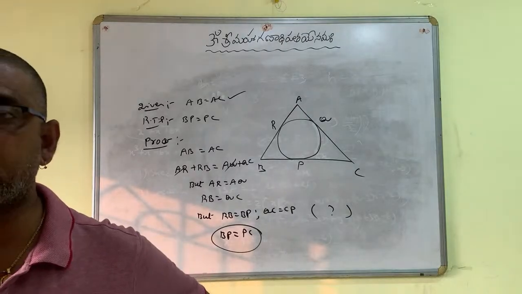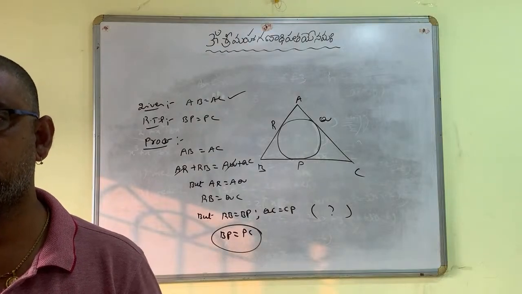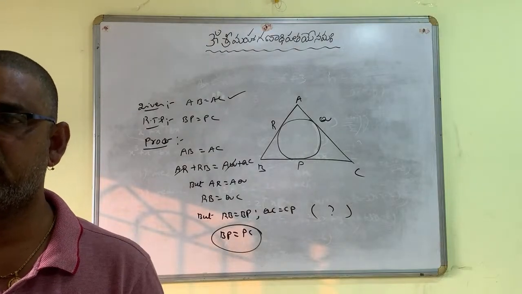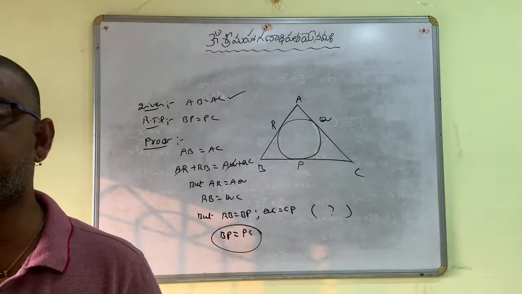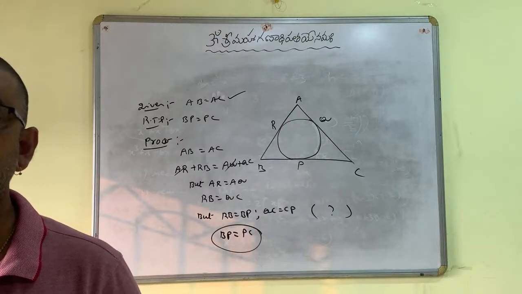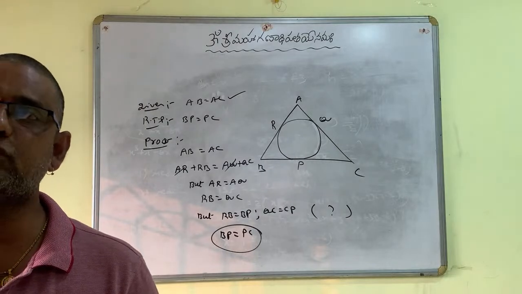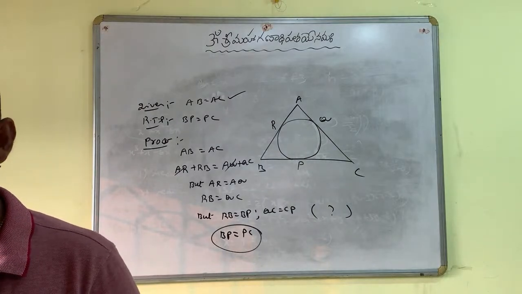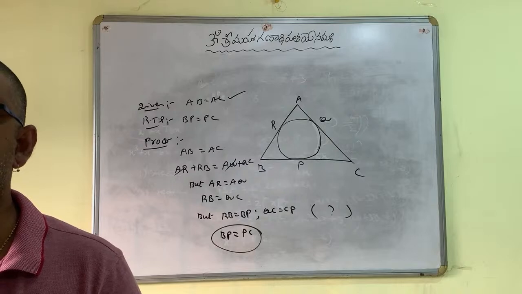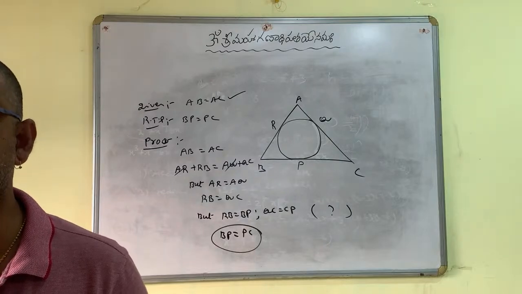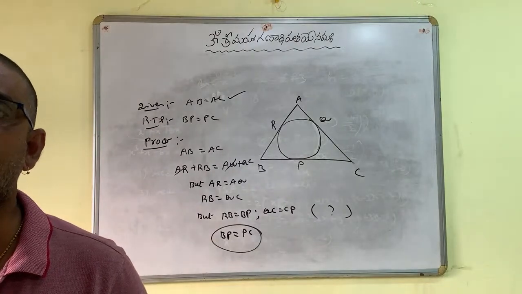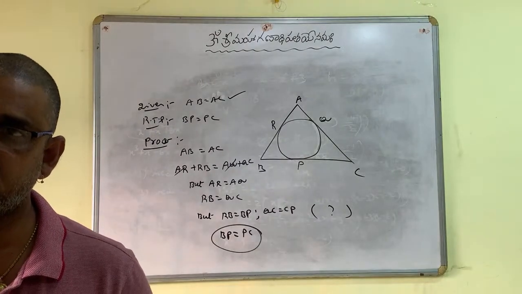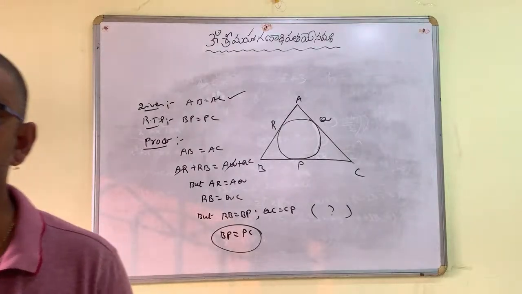See, if you join AP, what is the guarantee that AP passes through O? How can you say that it is passing through O? What is the guarantee that P is the midpoint of BC? You have to prove it now.